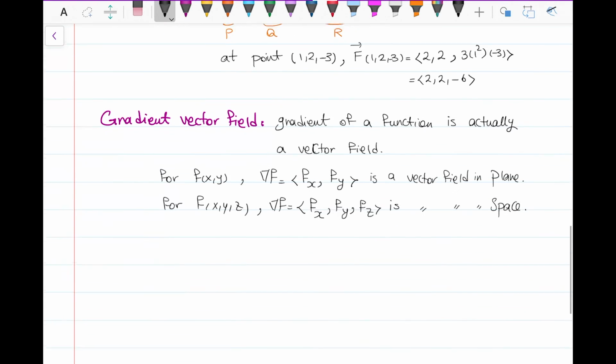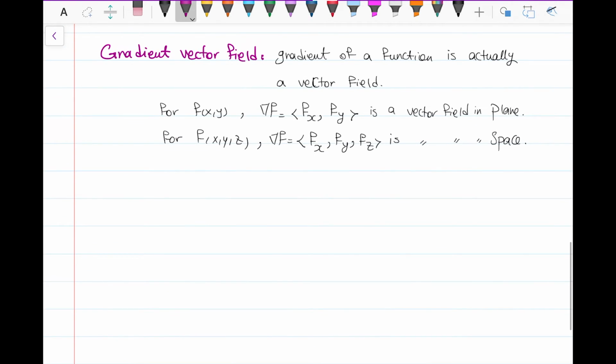Okay. For example, let's look at a function of 3 variables, for example, x squared y plus 1/2 zy plus xy. Then the gradient vector field would be this.